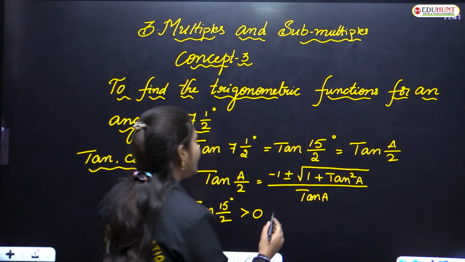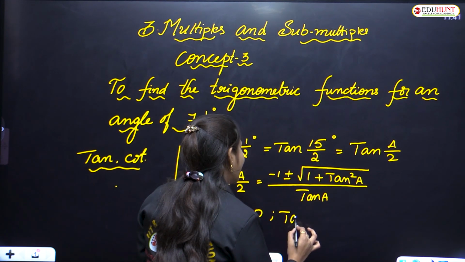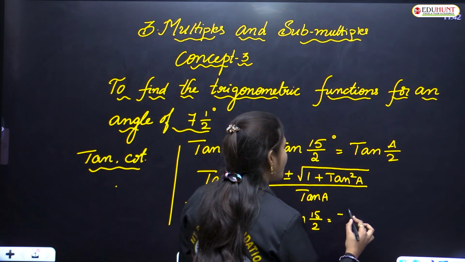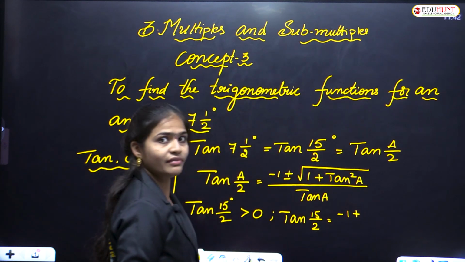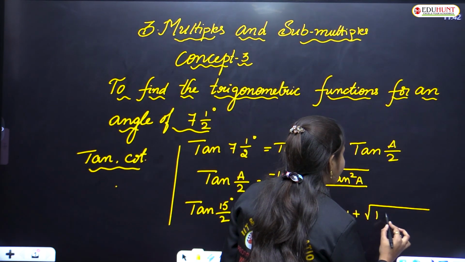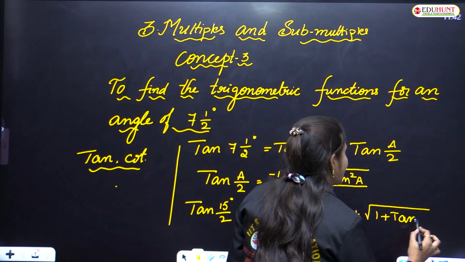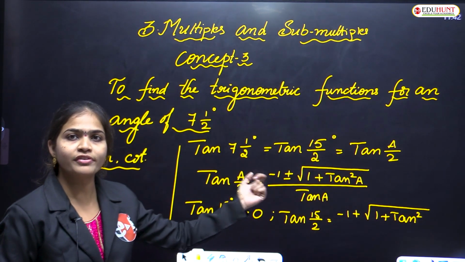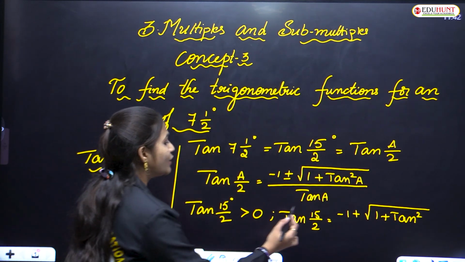So that's why here tan 15 by 2 is equal to minus 1 plus only, we have to take the positive square root of 1 plus tan square. Here what should a be, 15 by 2 or 15? Here we have to take only 15.